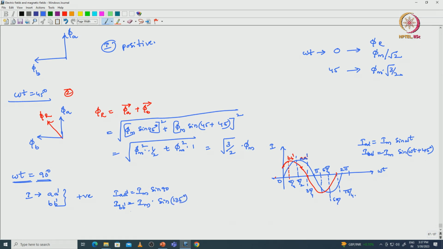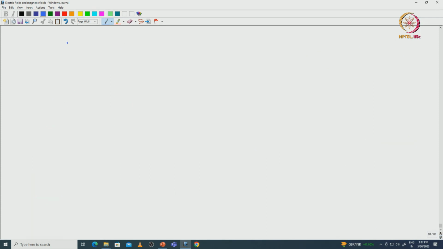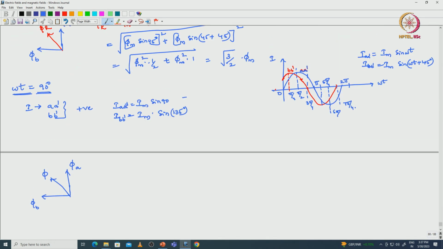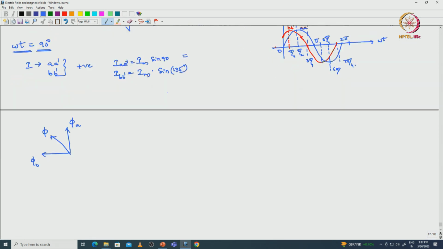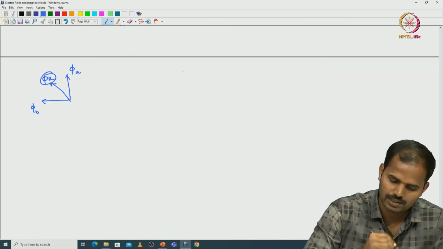In the flux vector analysis, phi A and phi B are in the same direction because of the positive currents, and the resultant vector will be in this direction. But the phi A magnitude is maximum, so the resultant vector direction is here.